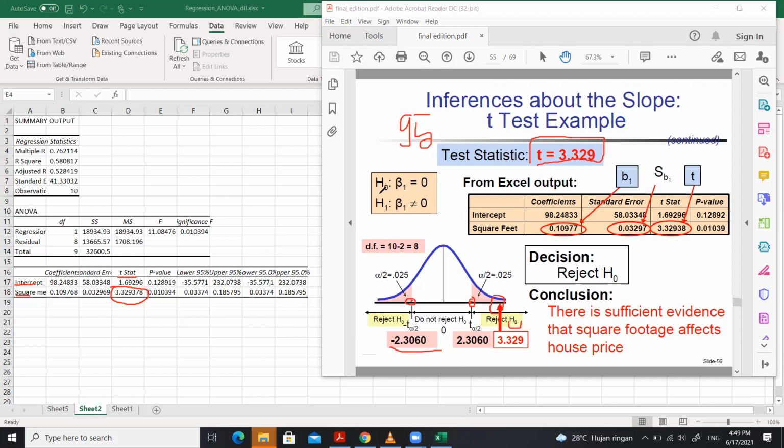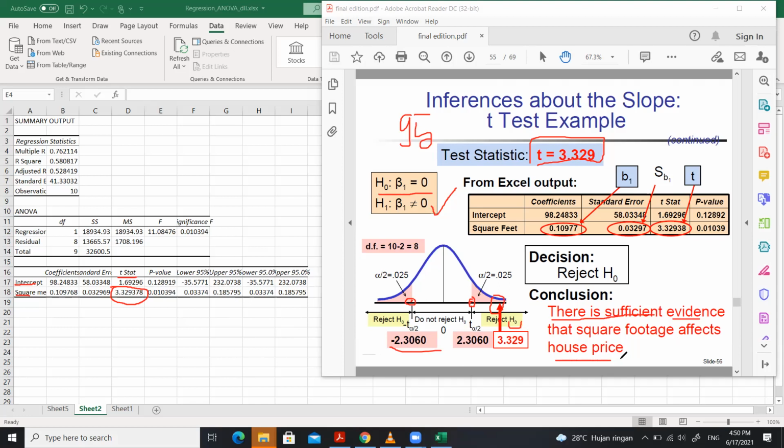You remember that the null hypothesis assumes that beta 1 is 0, so from this test, beta 1 is not 0. So the conclusion is there is sufficient evidence that the square footage, the square size, affects the house price. Okay, is there any questions?